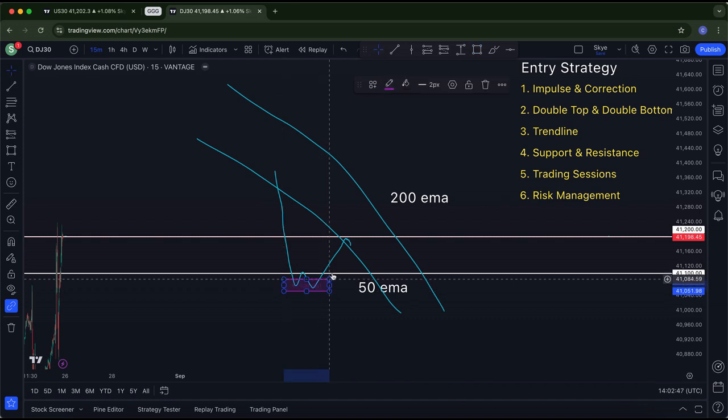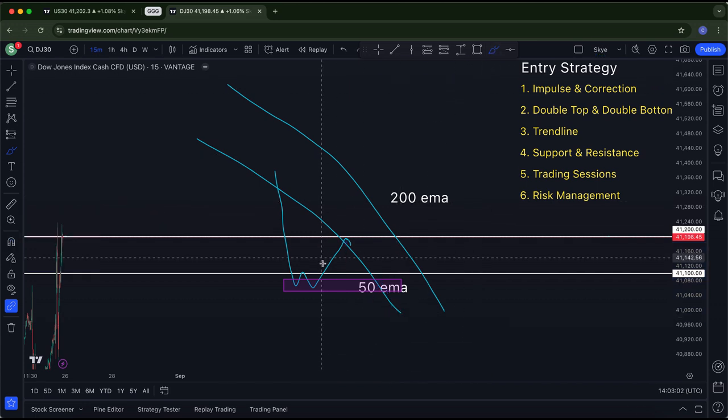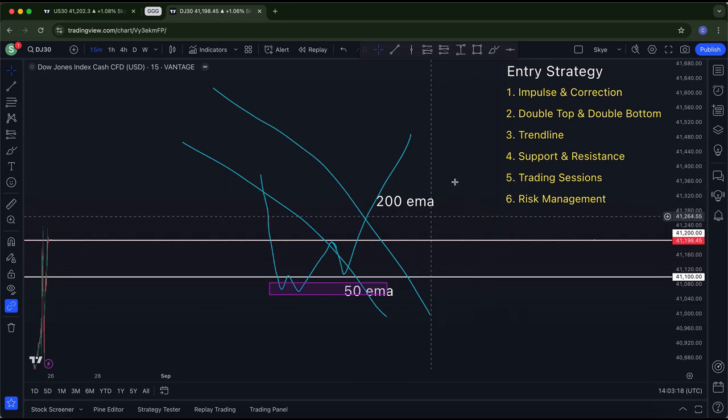We need to leave it and wait either for the market to cross and give us another setup, because there's a probability that most of the time we are going to have this and continue, and when you enter a trade like this, that's a loss. I hope you understand. So that's the importance of double top and double bottom in this strategy.